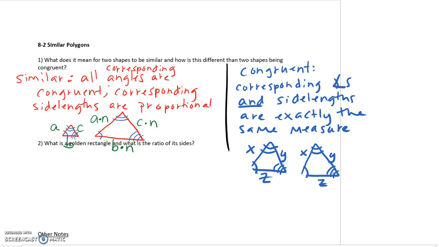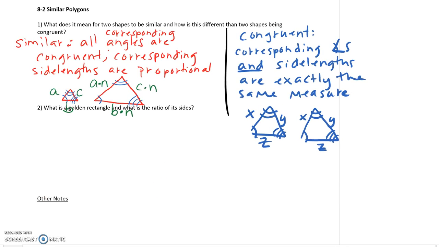So another thing we're going to talk about today is a golden rectangle. A golden rectangle is a very, very special kind of rectangle where, make sure I get this right, I believe it's 1.618 to 1 is my ratio.